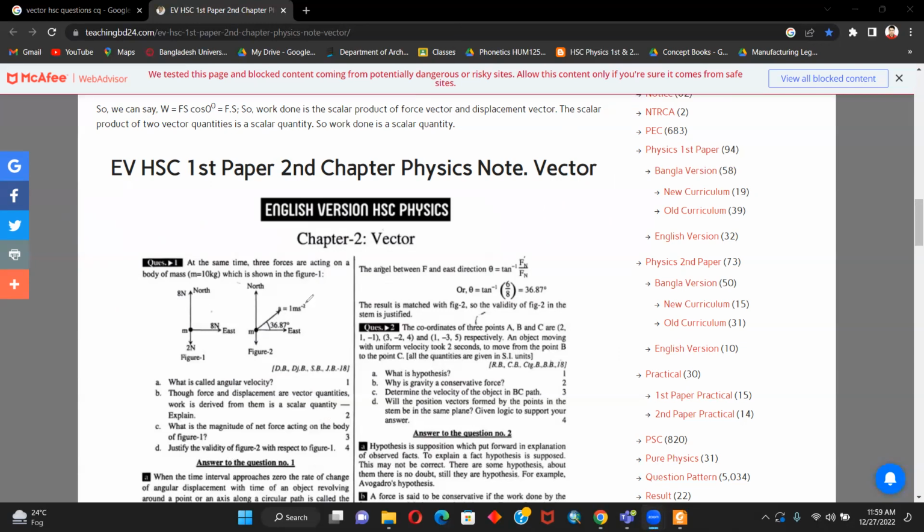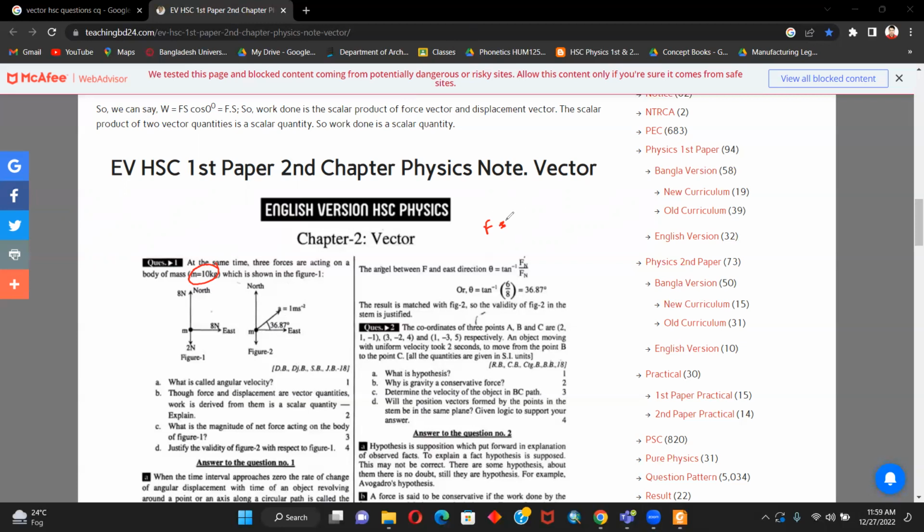Okay, let me explain in detail. See, M is 10 kg. And in this direction, 1 meters per second squared acceleration is working. So what will be the force acting in this direction? What was the equation for force?